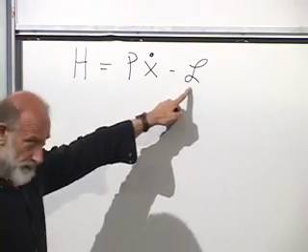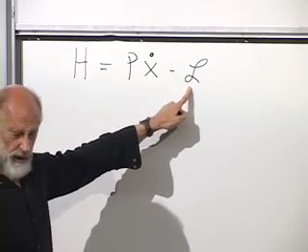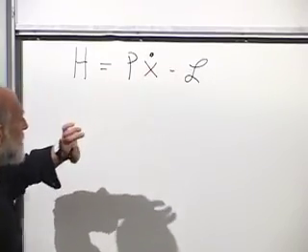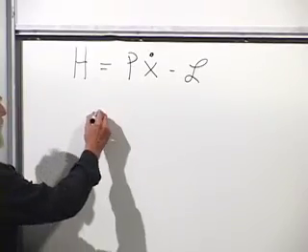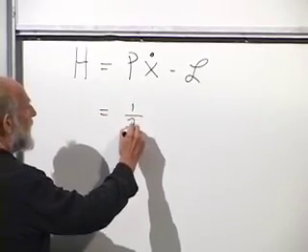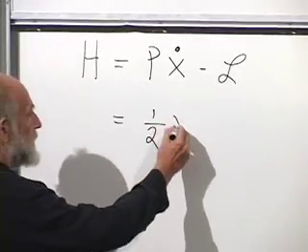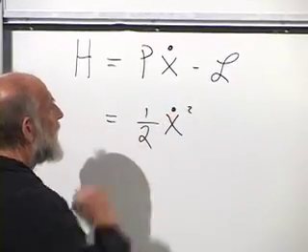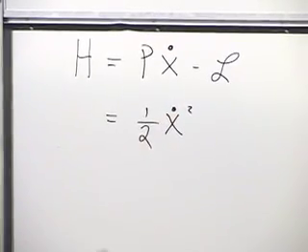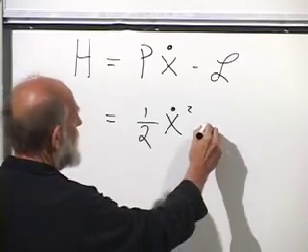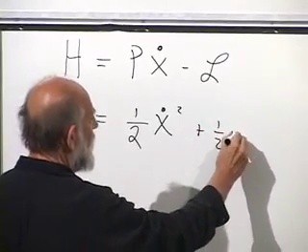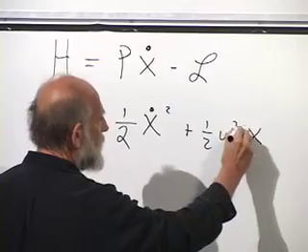The Lagrangian has minus the potential energy. The Hamiltonian has plus. The Hamiltonian is just 1/2 m v squared, kinetic energy, which in our case is just 1/2 x dot squared, plus the potential energy, which means plus 1/2 omega squared x squared.